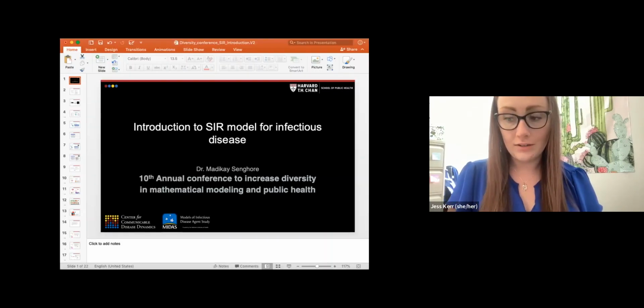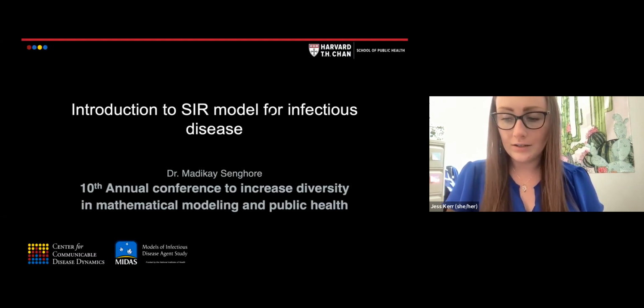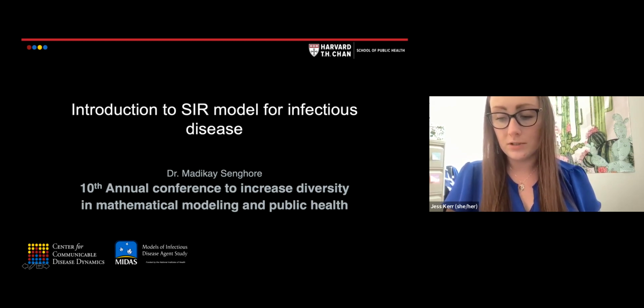Madikay studies the genomic epidemiology of pathogens to understand the impact of clinical interventions like vaccination and antimicrobial therapy on the population structure of pathogens such as Streptococcus pneumoniae, Staphylococcus aureus, and Mycobacterium tuberculosis. He has developed a keen interest in understanding the determinants that shape transmission dynamics of bacterial infections, including the role of bottleneck sizes and within host evolution, as well as other factors such as spatial and temporal distance between hosts.